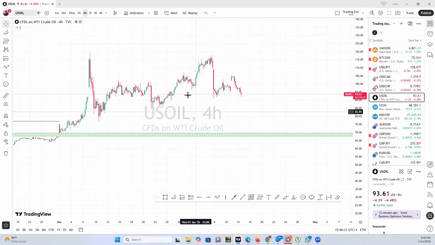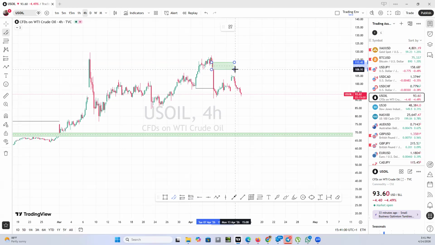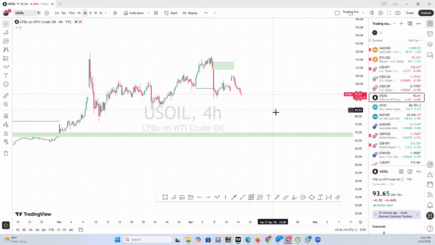Under 4 hour, as you can see, market rallied, rallied, rallied. Then it gives us a market structure shift under 4 hour, where we have this liquidity void here, and another FVG here, and it has even space in between. So we will expect market to reach here before it sells. And as you can see, market did not reach the area.